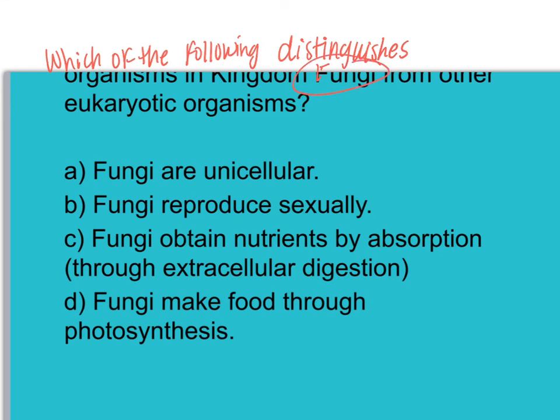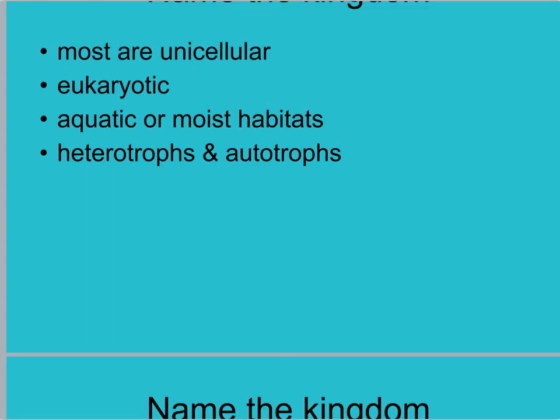Is it that they're unicellular? Well, that's not true. Is it that they reproduce sexually? We didn't get into that, did we? Obtain nutrients by absorption through extracellular digestion? There we go. And remember, they do not make their own food. Plants do that, not fungi.